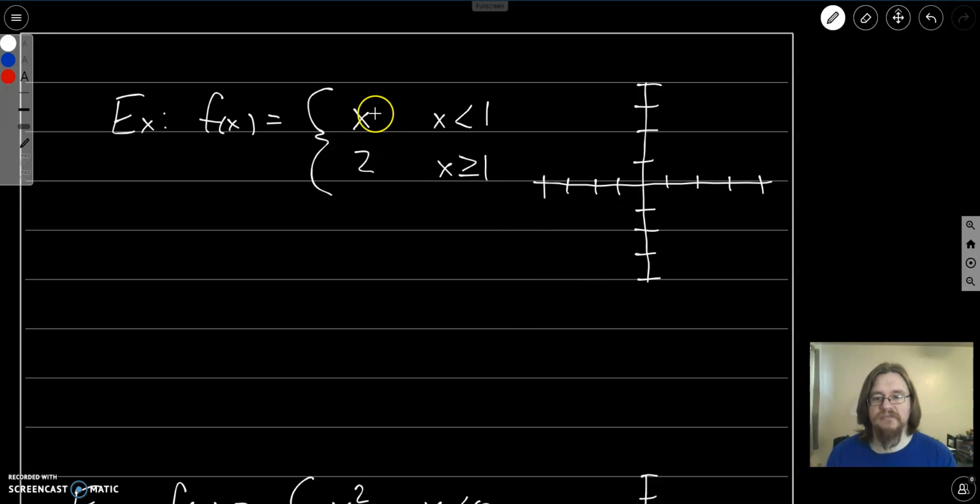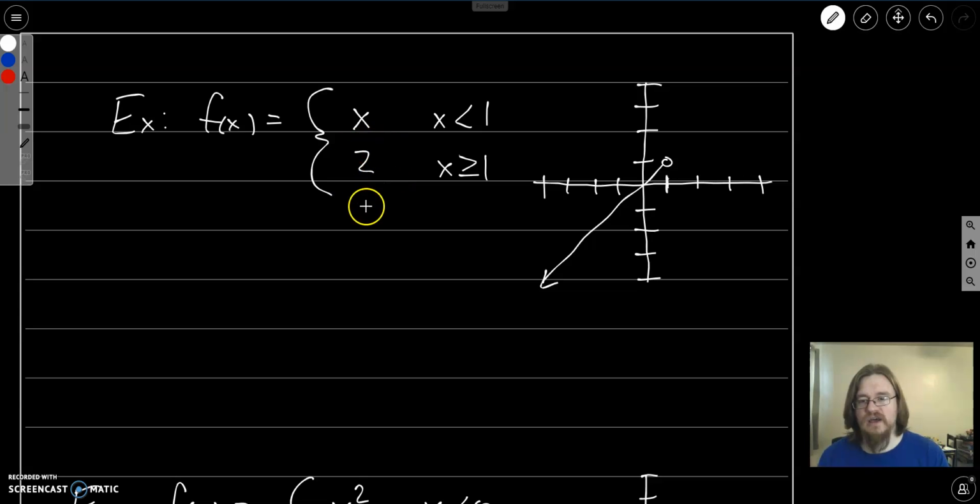For x less than 1, so here's 1, we are going to be equal to x. So x is just a straight line. It's going to come up, and at 1, we are not defined as x, so I'll leave an empty circle. So this is the line y equals x, and we've only drawn it for x less than 1. Good. So far, so good.